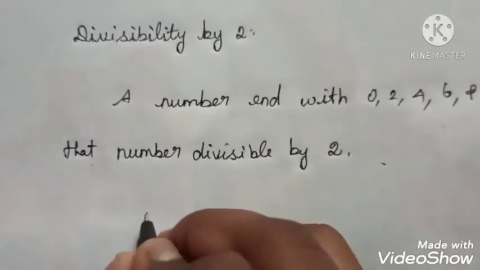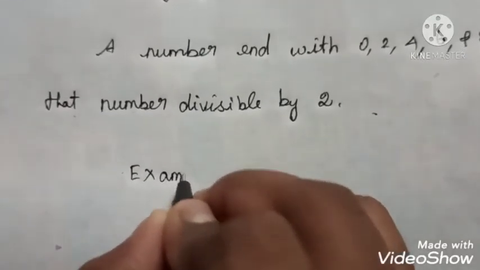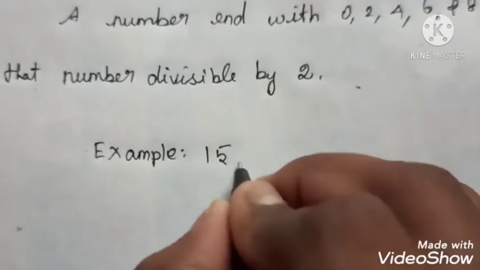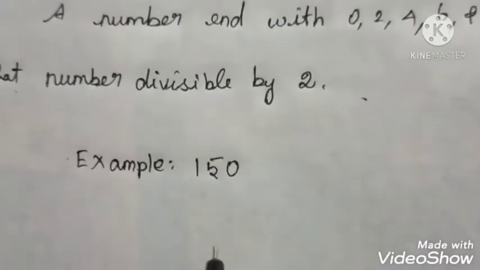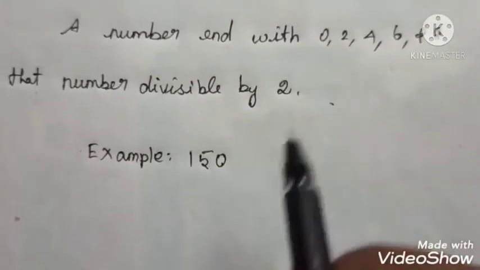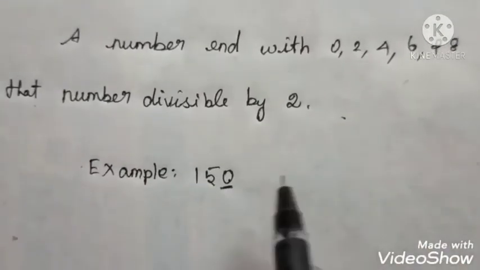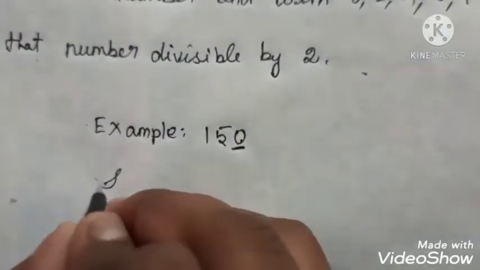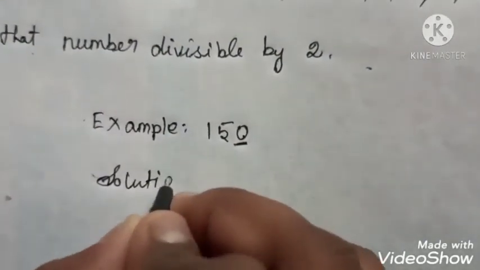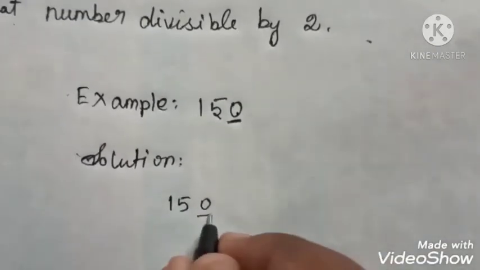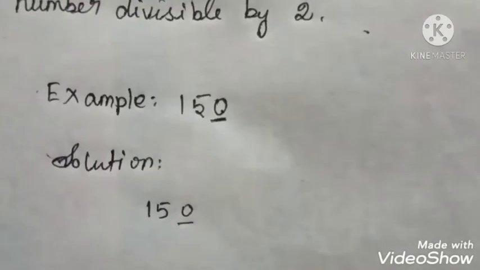For example, I take 150. Here the number ends with 0. In this condition, 0 is there. The unit digit of the number is 0. So, in the solution, we have to write 150. So here, what is the unit digit?